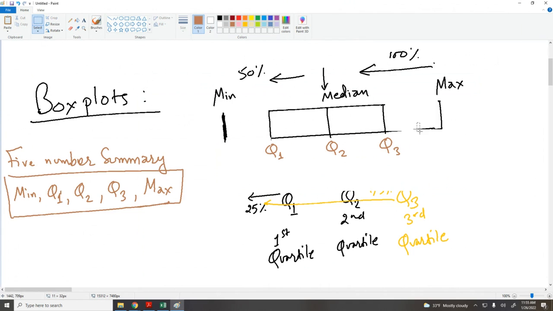Since most of the data lies within Q1 and Q3, they erased that, and they joined the minimum and Q1 in this way, and the maximum and Q3 in this way. Now this graph is known as the box plot.